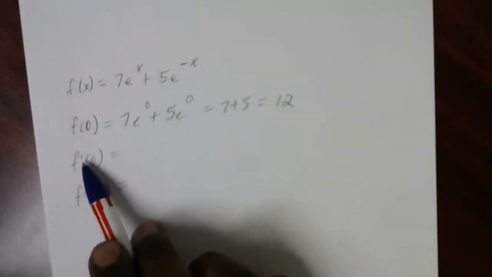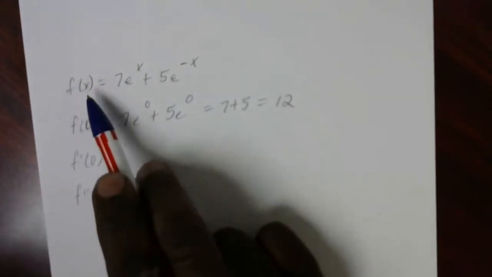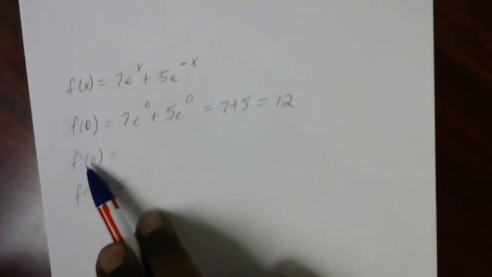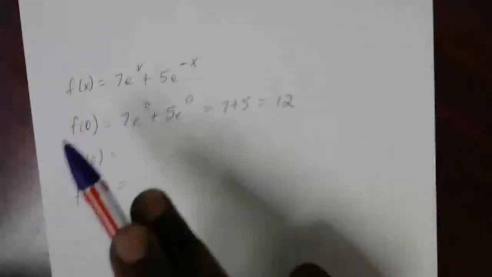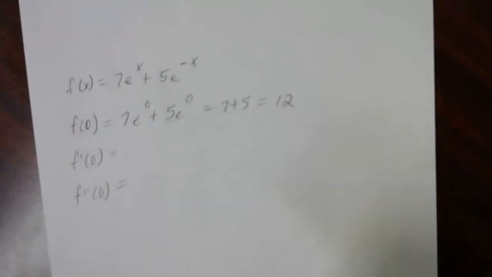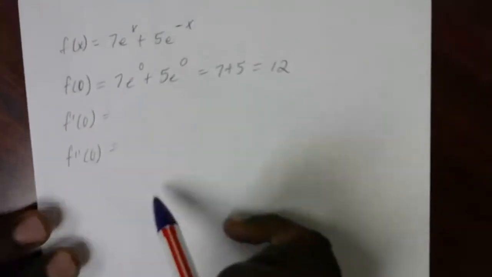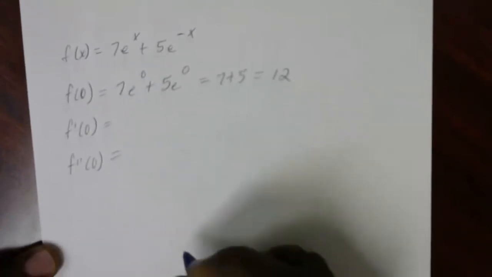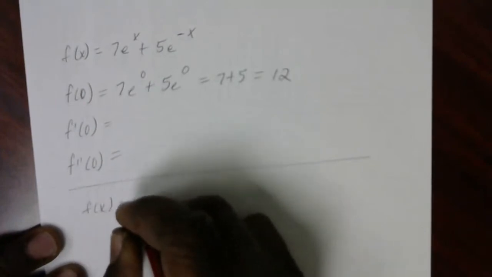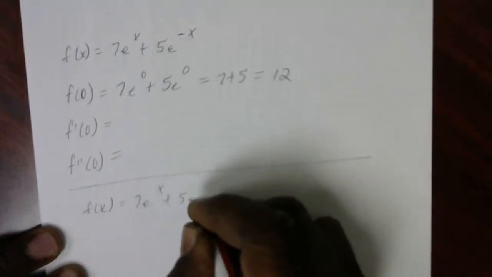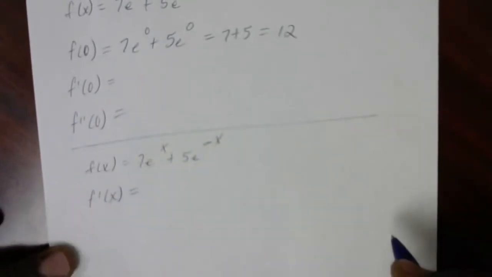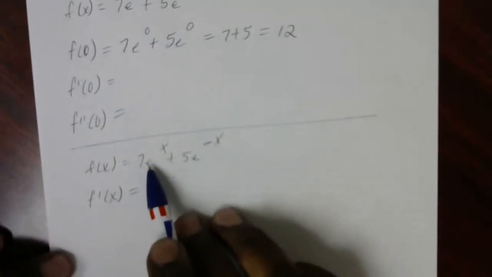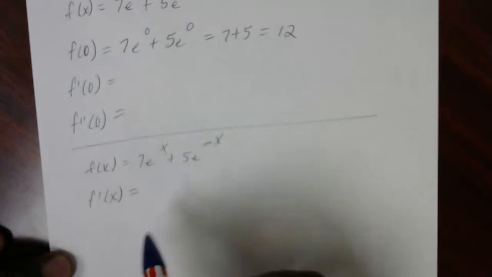Now I need to find f prime of 0. Notice that we were given f of x. So in order to find f prime of 0, first we must find f prime of x, and then we can substitute in 0. Okay. So I'm going to find my derivatives here. So f of x is 7e to the x plus 5e to the negative x. F prime of x is, well, when you take the derivative of e to the x, it returns e to the x.